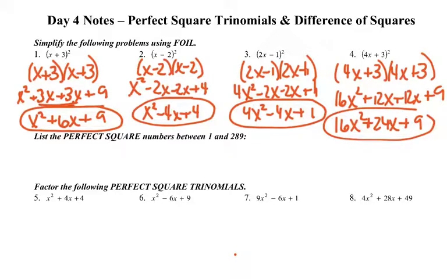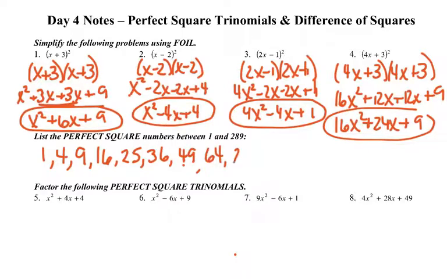In perfect squares, we've talked about in your past math classes, like 1 is a perfect square because it's 1 times 1. 4 is a perfect square, 2 times 2. What's 3 times 3? 4 times 4. 5 times 5, 6 times 6, 7 times 7. You get the pattern, right? 8 times 8, 9 times 9, 10 times 10.